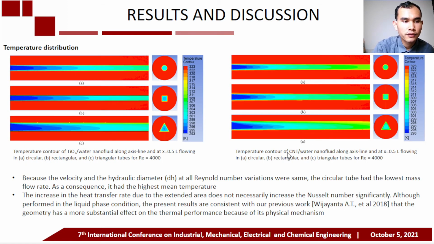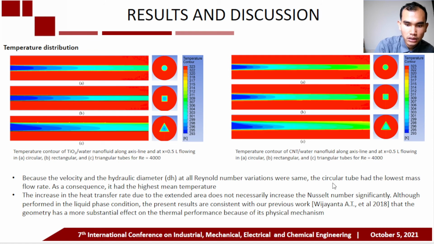This slide shows the temperature contour for the titanium dioxide along the axis line and the cross section at 0.5 lengths for the titanium dioxide, and this one for the carbon nanotube. It shows that the velocity and hydraulic diameter remain the same for all Reynolds numbers.